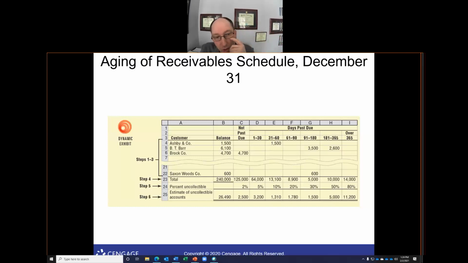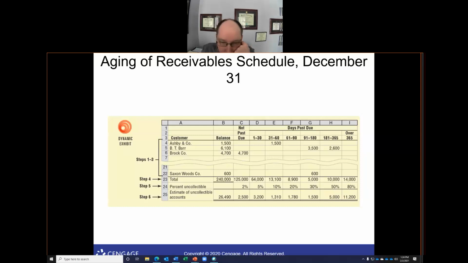Here's how it looks. On the left column, you see all of our customers listed out. In column B, we see their balances, how much each customer owes us. Column C, it's not yet past due, so it's current, in other words. And what we do is we apply a percentage of uncollectibles based off of how old it is.